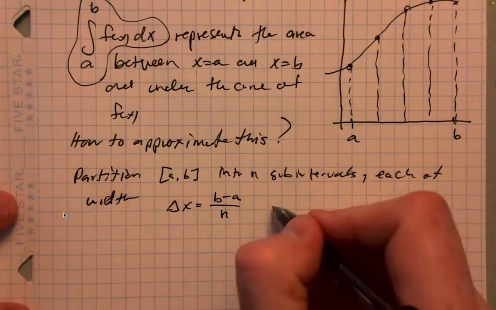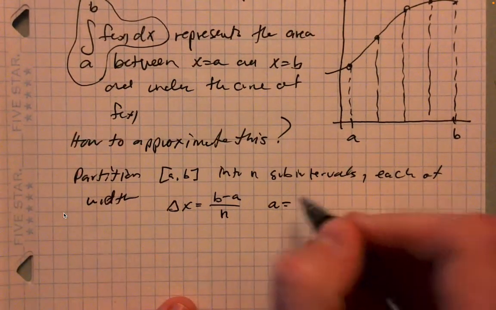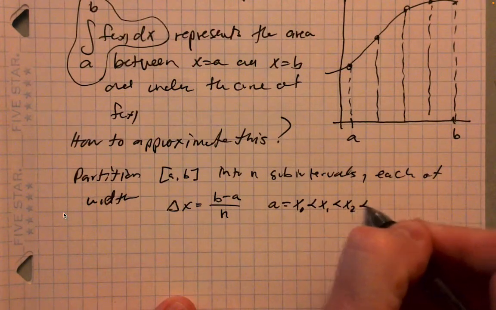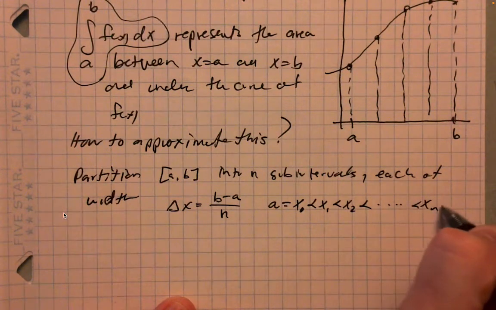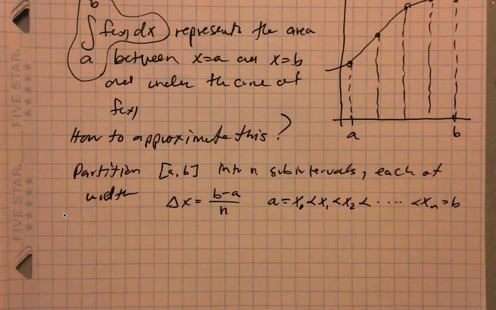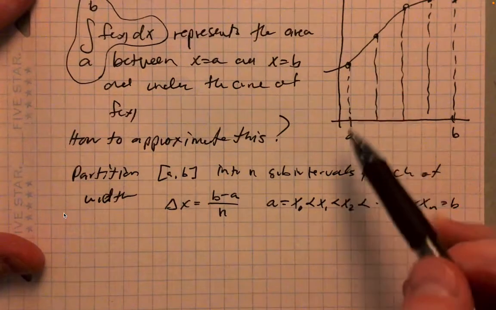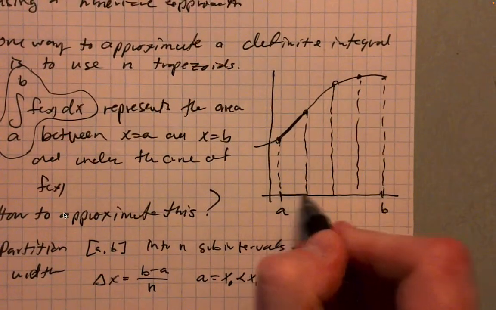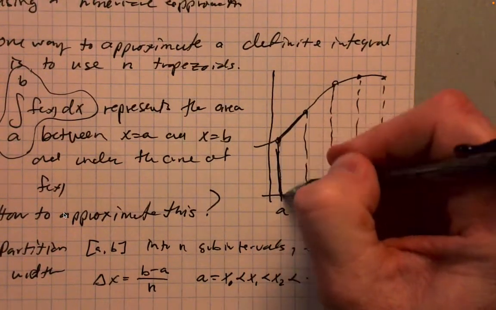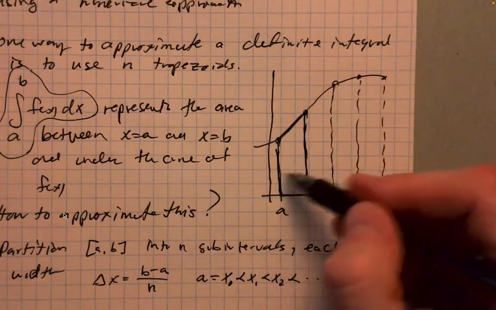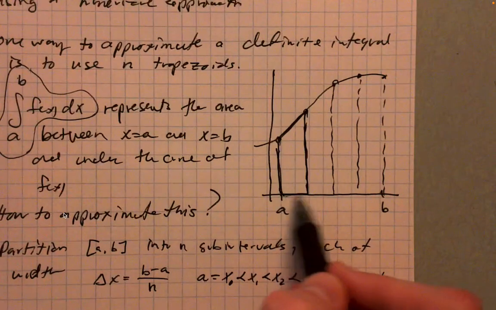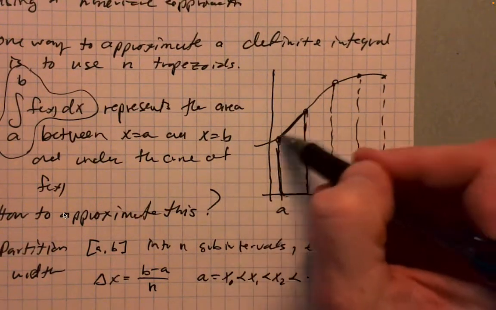That partition would look like a equals x0 less than x1 less than x2 less than dot dot dot less than xn equals b. So there's your partition. Then we want to form a trapezoid. You can imagine here the vertical lines are parallel, and this horizontal line is at a right angle with the bottom two, but this one could be anything.